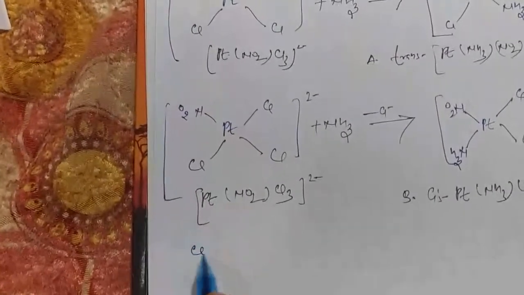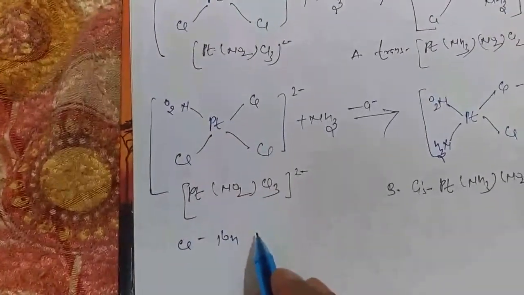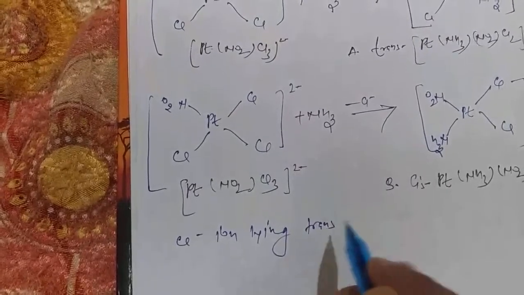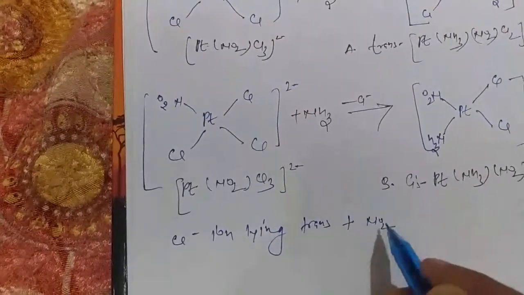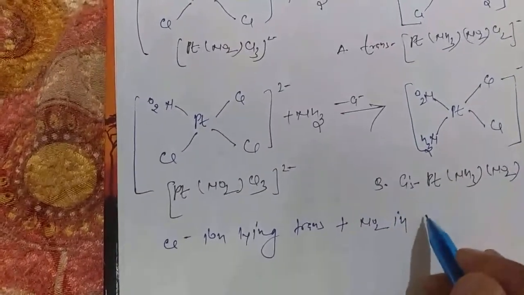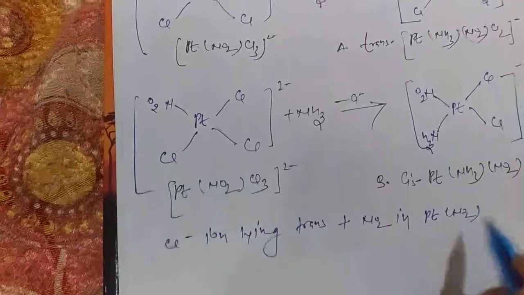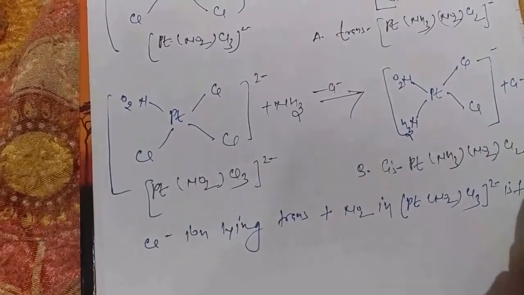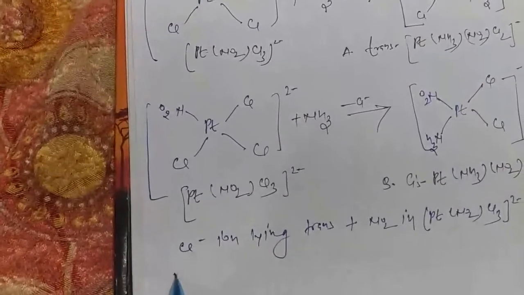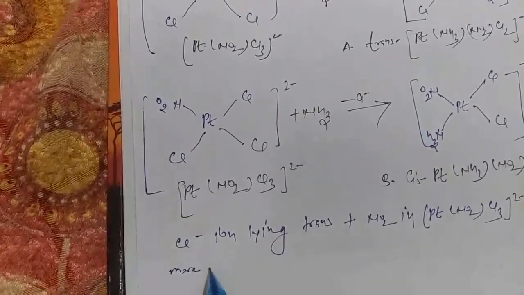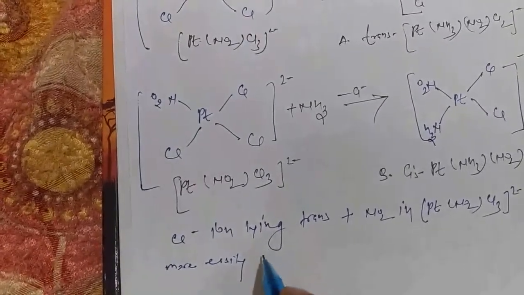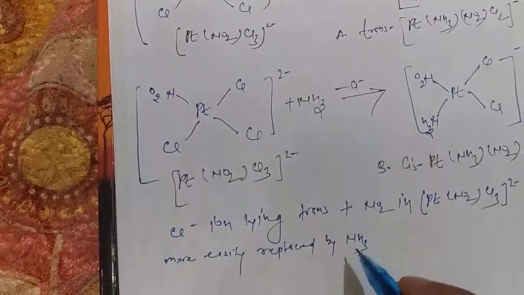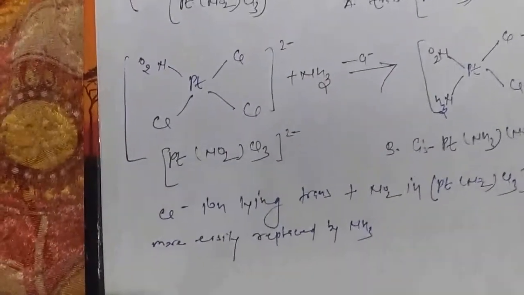I'm writing here: chloride ion lying trans to NO2 in [Pt(NO2)Cl3]2- is far more easily replaced by ammonia.